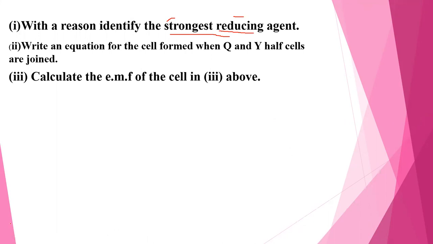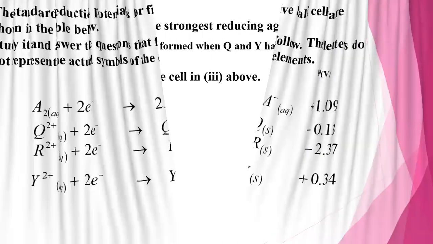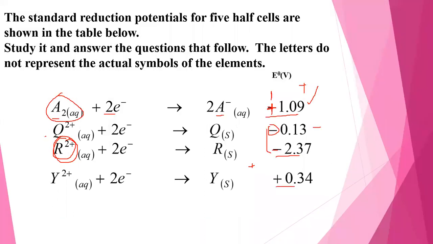So when Q and Y are rejoined, we have this Q and Y. When you ask such a question, let me delete this one, so that we can see it.